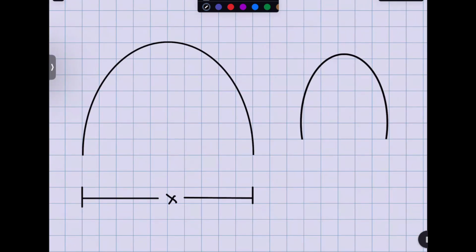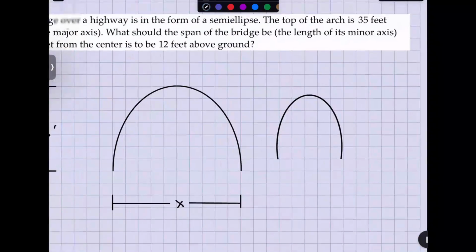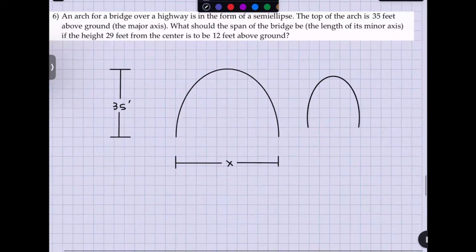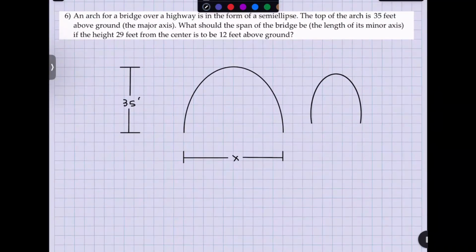So let me go back to it here. Hold on. Why did that go back that way? Okay. What should the span of the bridge be, length of its minor axis, if the height 29 feet from the center is 12 feet from the ground?